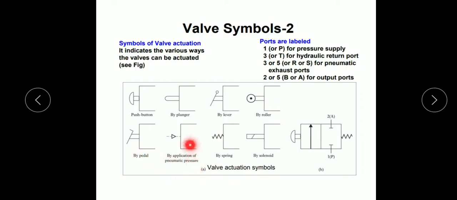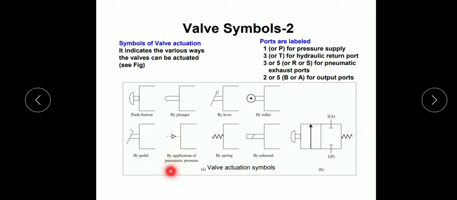And by applying pneumatic pressure or pilot pressure, you can see that there is a dotted line with an unfilled triangle at the center. If it is an unfilled triangle, this is known as a pneumatic valve, and if the triangle is filled with black color, then it will be hydraulic power.